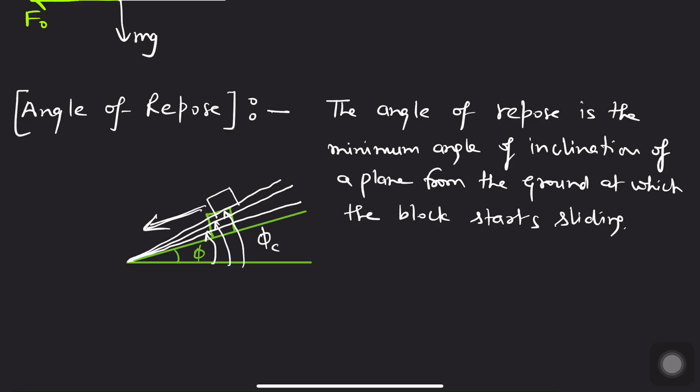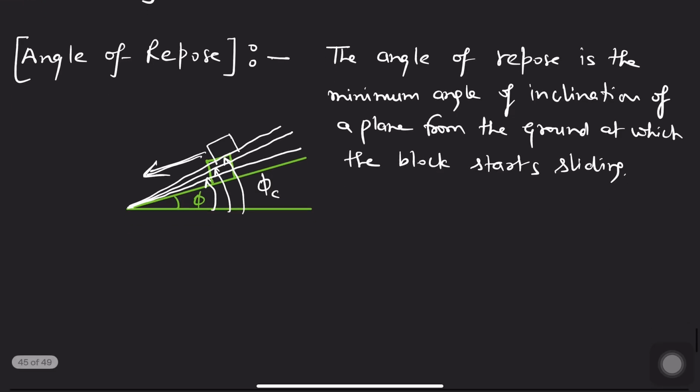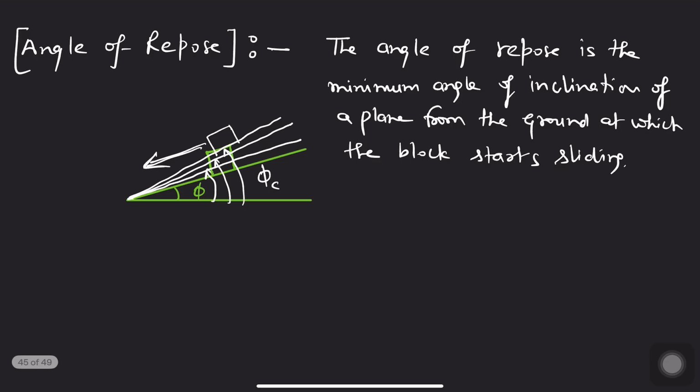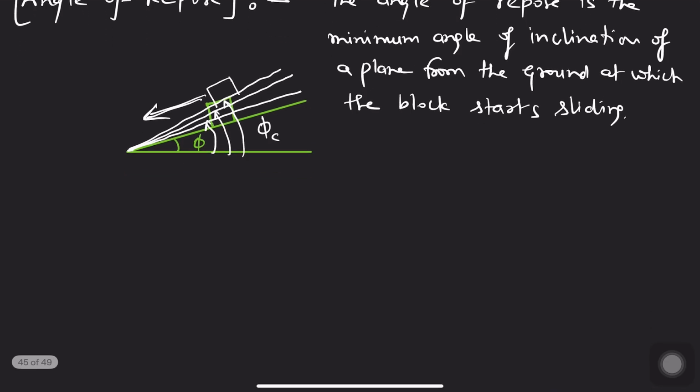Okay guys, so there is something interesting that is going to be discussed here. Let me do some math. Suppose this is your inclined plane, and let's say this is phi c, your angle of friction, at which the sliding is going to happen.